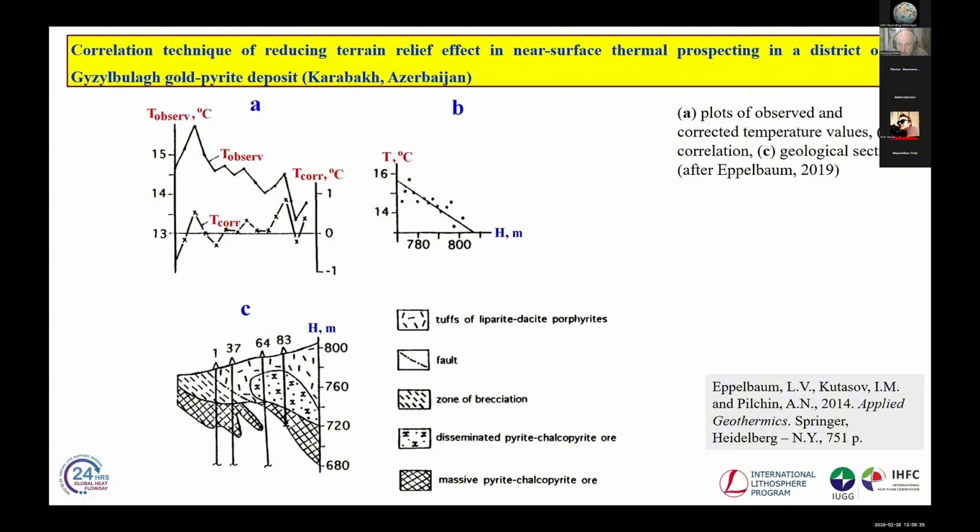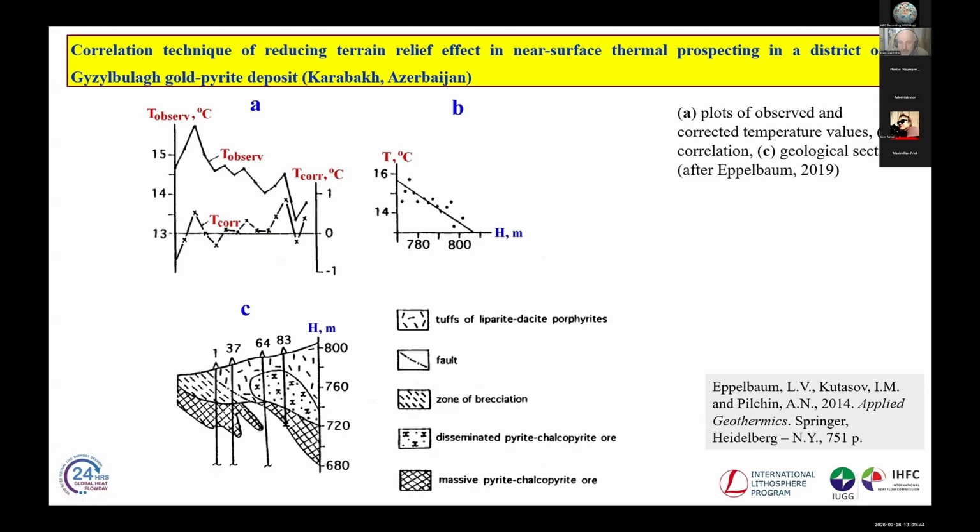What follows from this? In magnetic prospecting, a procedure was developed for calculation of the inclined relief by the correlation method.